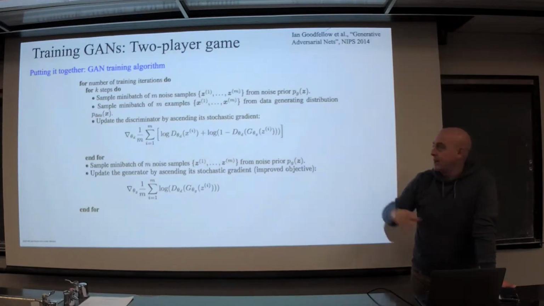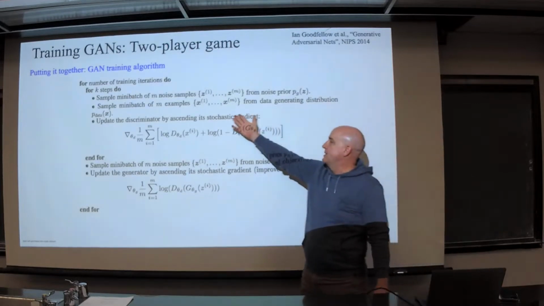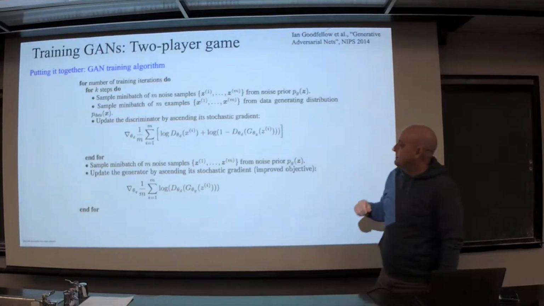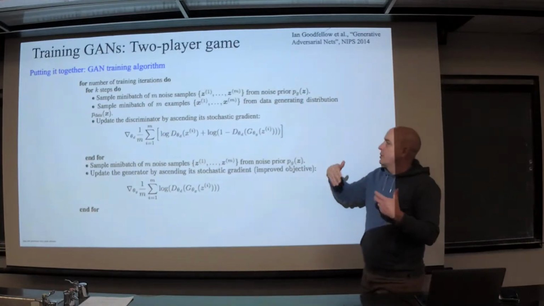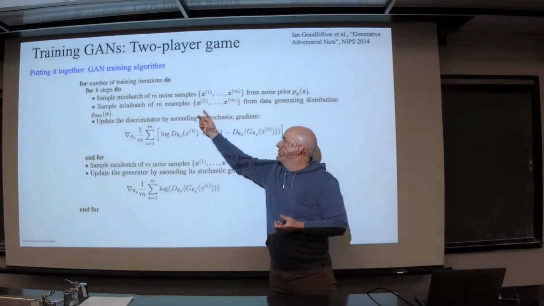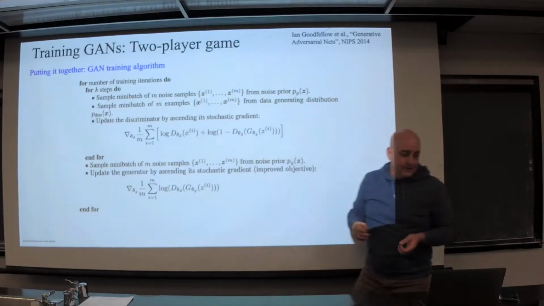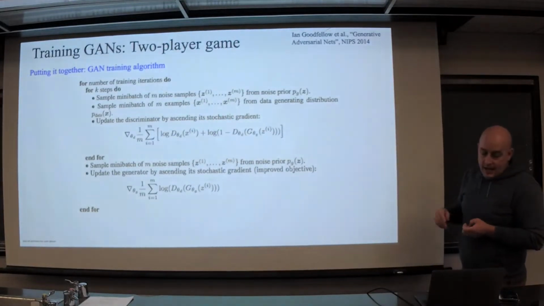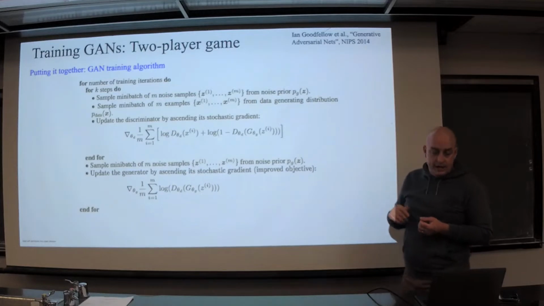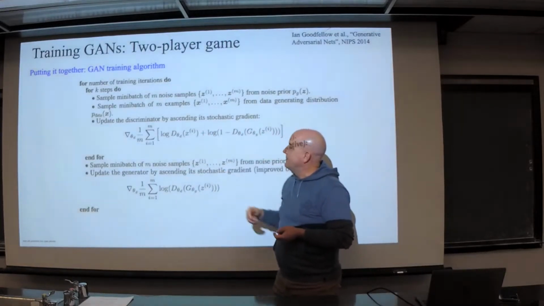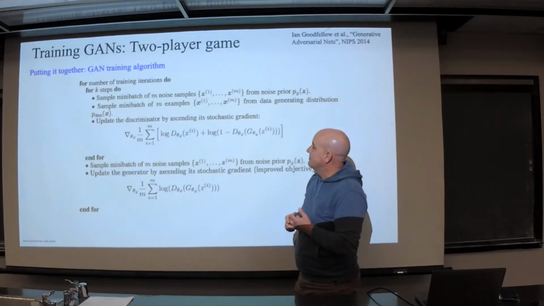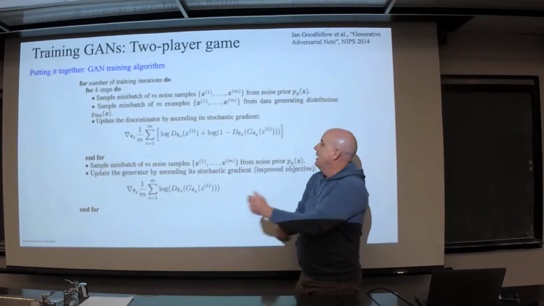And then we're going to sample some data from the actual data set of interest. Notice I'm not calling it the training set because, of course, we're training on both the real data and the fake data. We first update our discriminator so that it's nice and good against the generator.